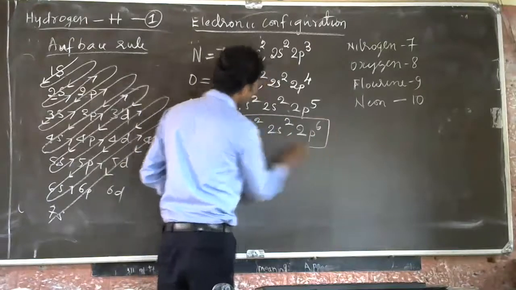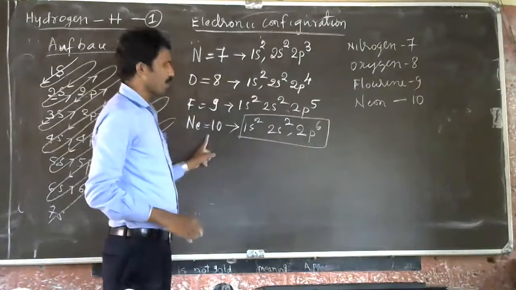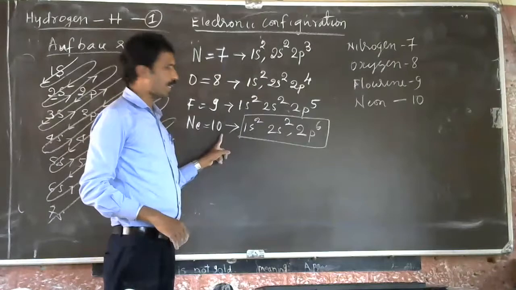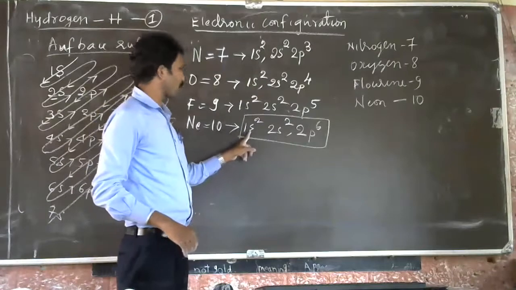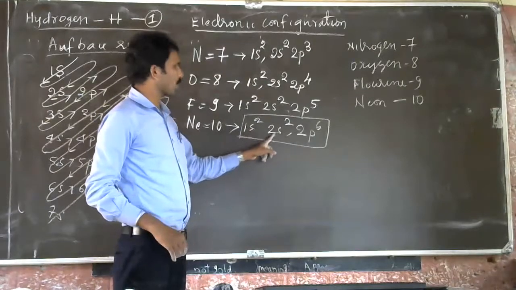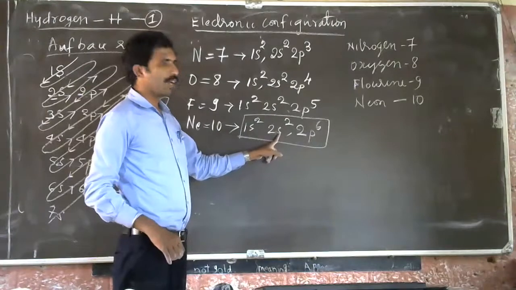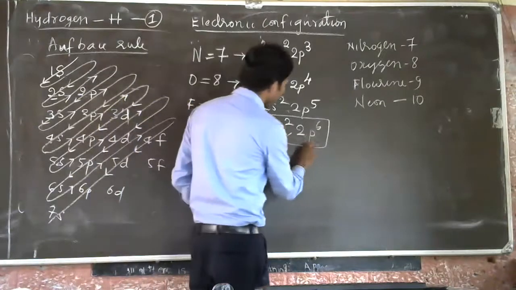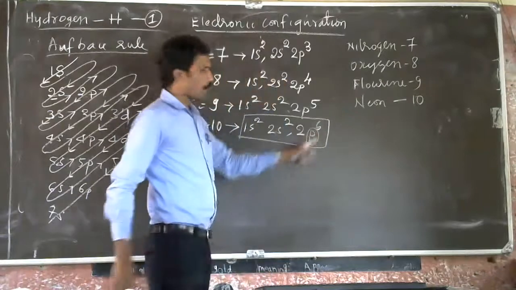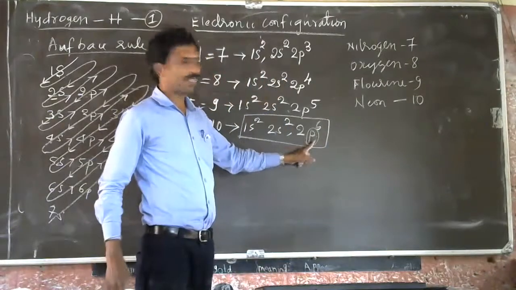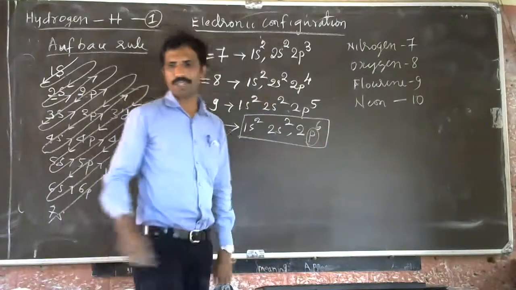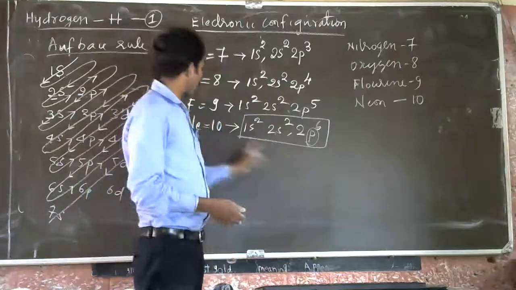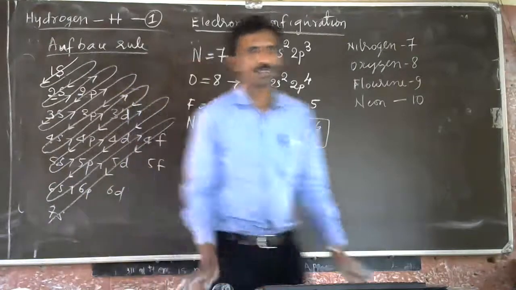Neon atomic number is 10. That means 2 electrons are occupied in 1s, 2 in 2s, and the rest 6 electrons are occupied in p. This completes p now. The capacity of p is 6. This becomes the electronic configuration of neon.